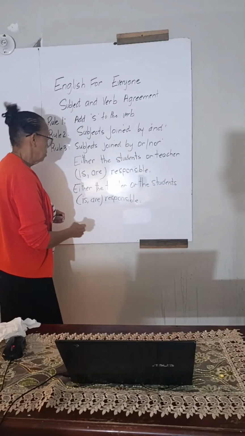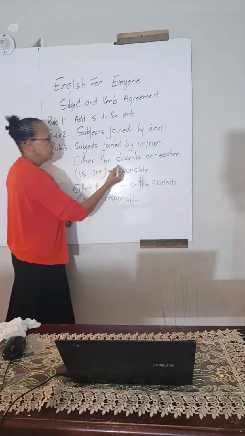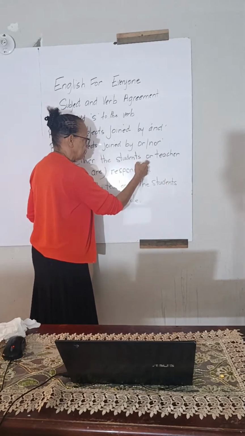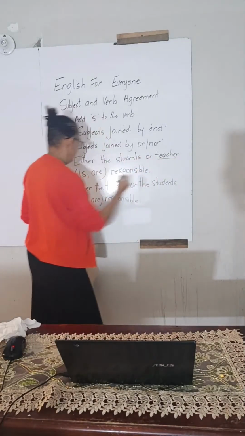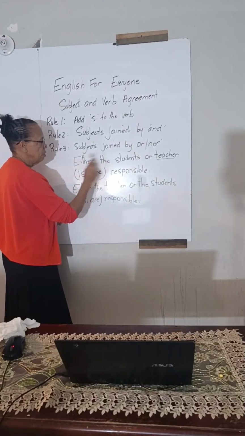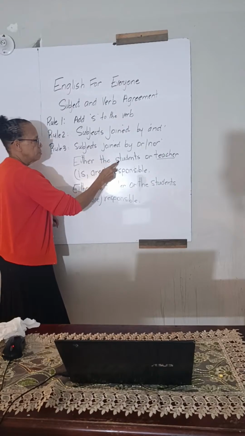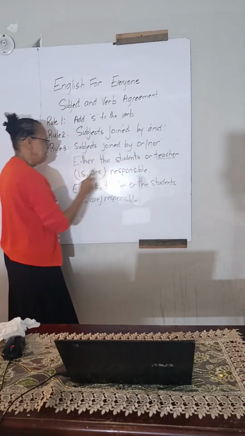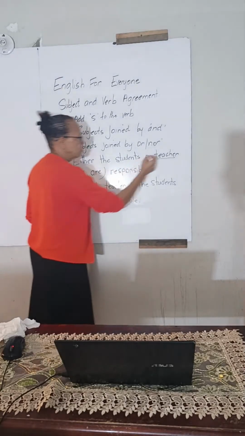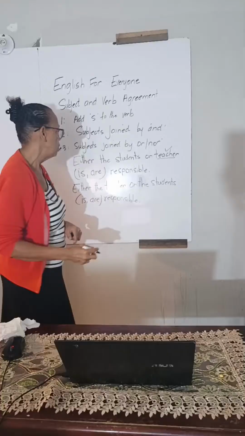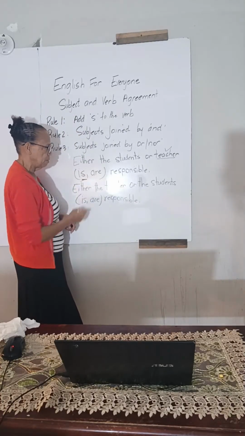Now, either the students or the teacher is or are responsible. That's the word that comes nearest. The word that comes nearest, this word teacher. You have two nouns, two subjects, students and teacher. This one is nearer to the verb, so you always go with the one that is nearer to the verb. So either the students or the teacher is responsible.